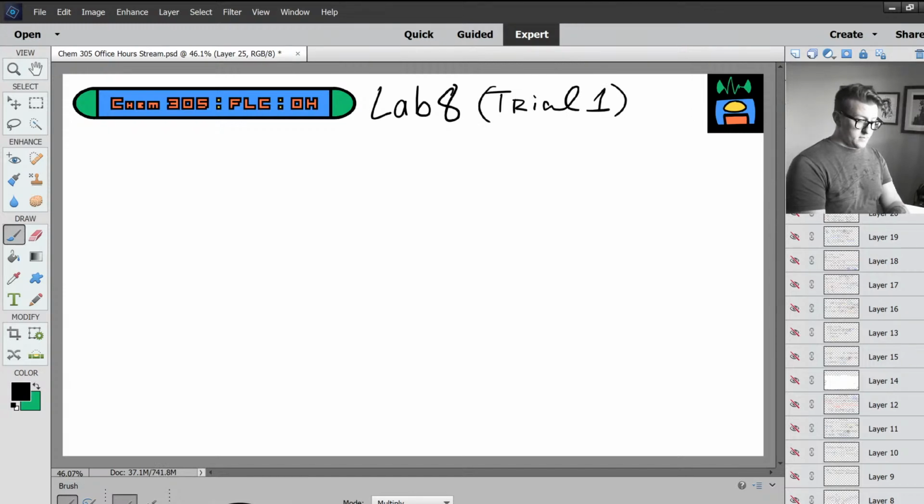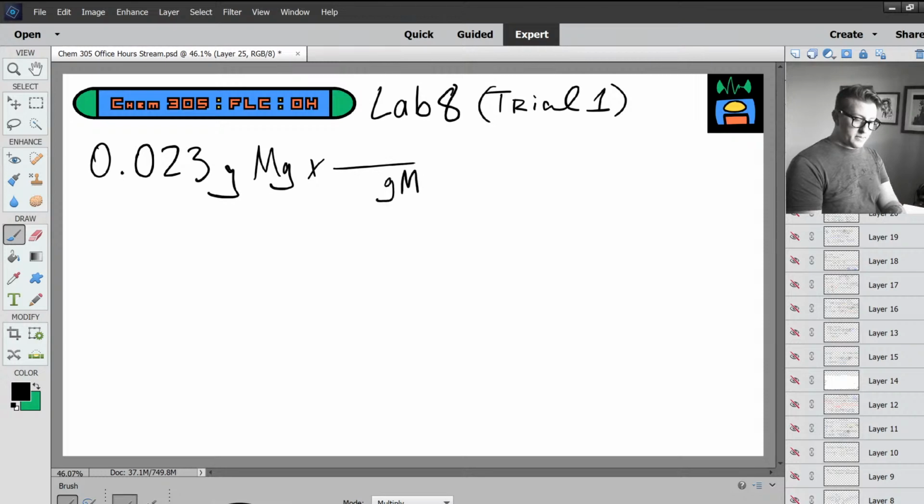So we're given the mass of the magnesium strip that reacted, so 0.023 grams of magnesium. To find how many moles of magnesium, we just need to use the atomic mass to go from grams to moles. I think it's 24 or something.